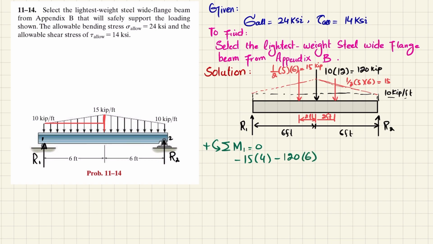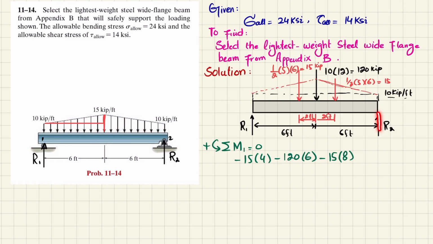The third moment is due to this 15 kips force, with a perpendicular distance of 8, because 6 plus 2 is 8, and this is also negative because it produces clockwise moment: minus 15 into 8.